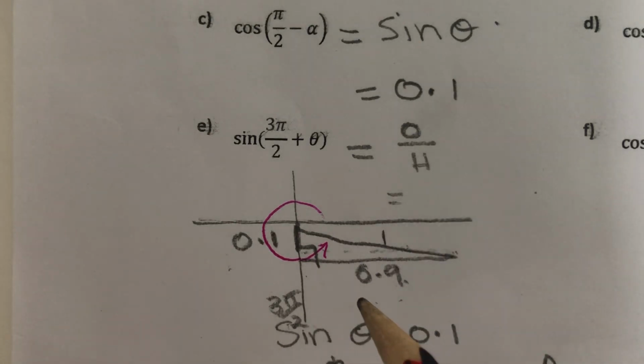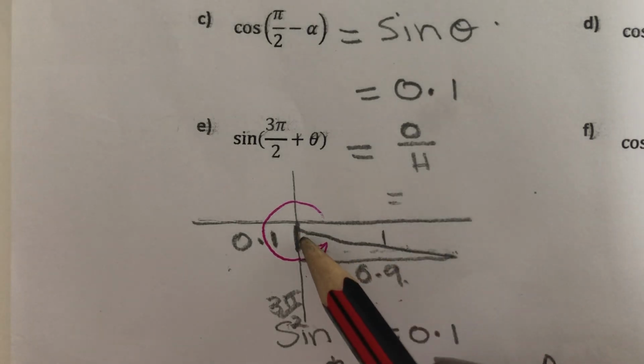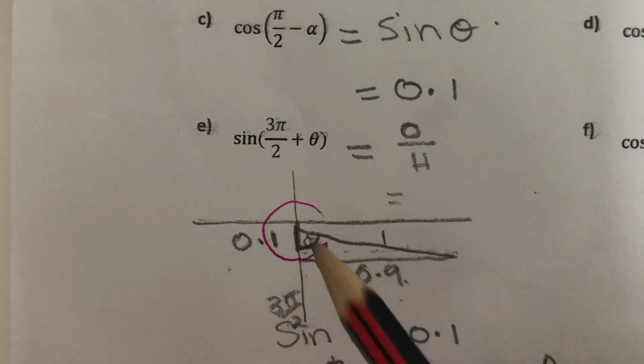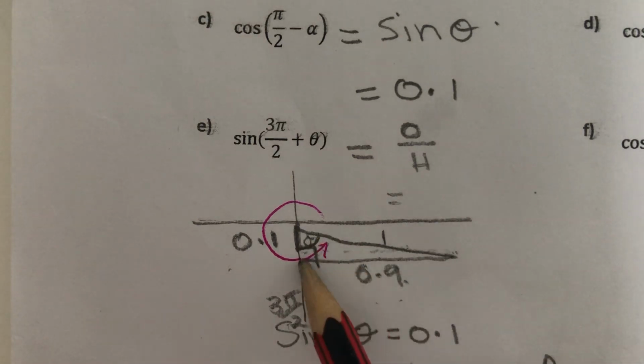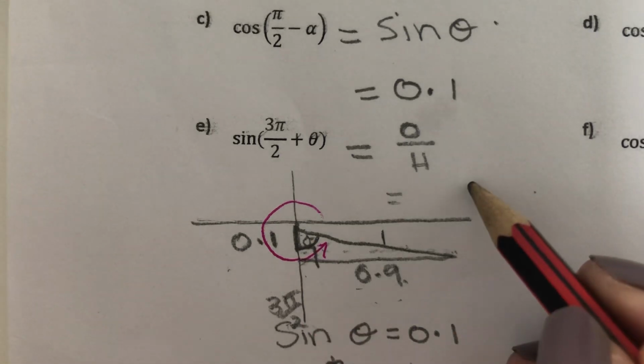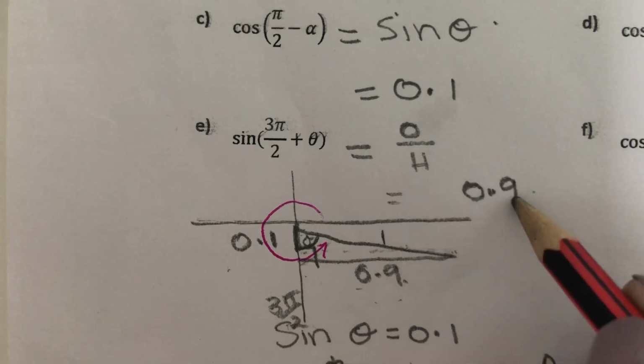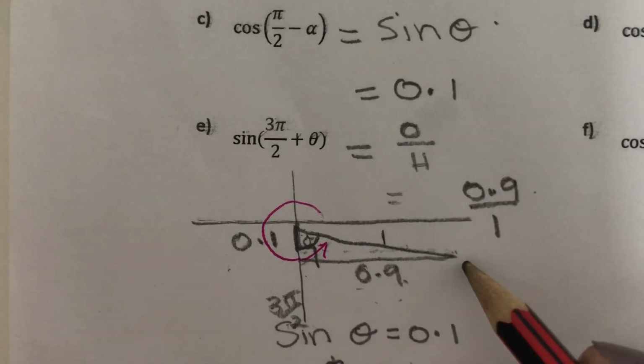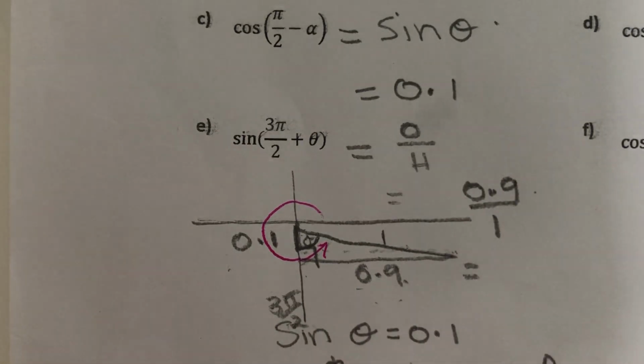And in this case, we're remembering that the angle we want is in here. The last part of the pink is what we want. So the opposite side of that is 0.9, and of course it's going to be over 1 because that is the hypotenuse. Also, we need to remember we're in the 4th quadrant.